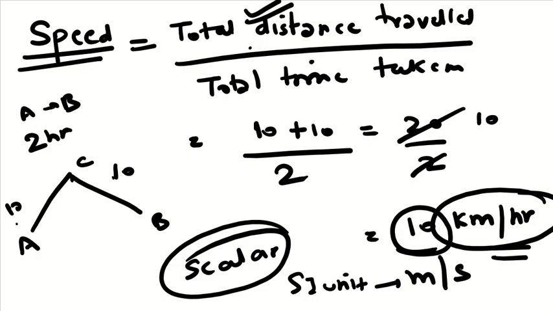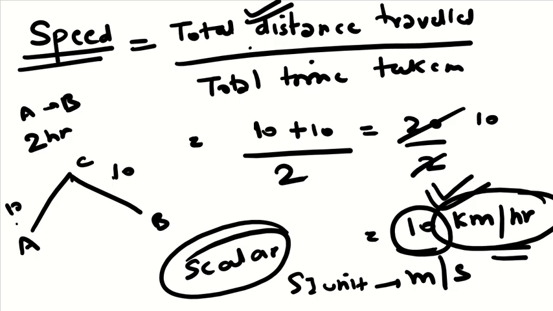That means distance should be converted to meters and time should be converted to seconds in order to be in SI unit. But kilometer per hour is the most widely used unit to describe speed. Okay, are you clear with that?